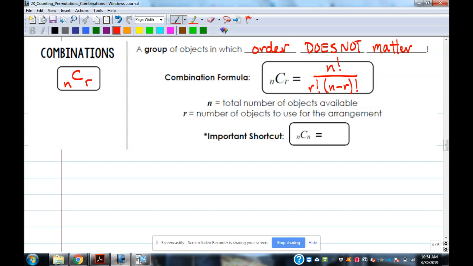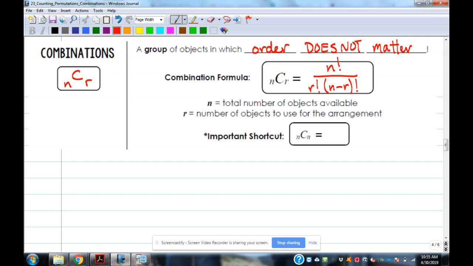N is, again, how many things you got to pick from. R is how many you're picking for your group. So a good example of combinations is if I wanted to pick groups of 4 out of this classroom. I could take the 24 people that we have here and do 24 combination 4. And that would tell me how many different groups of 4 that I could make.